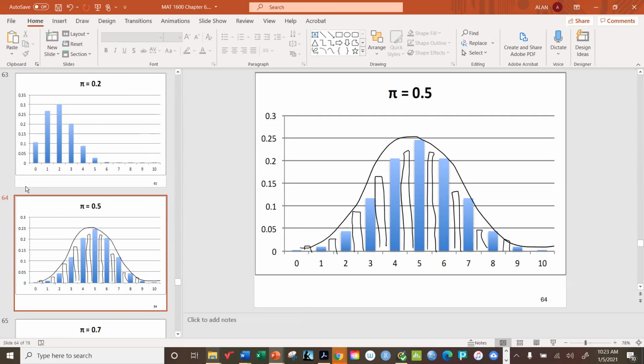Okay, so in other words, if we continue to increase the number of trials, the binomial distribution eventually, in the limit, converges to the normal distribution. So you can think of the binomial distribution as sort of a discrete time version of the normal distribution. So because of that, in cases where we want to save ourselves some time, we can sometimes use the normal distribution as a substitute for the binomial distribution.